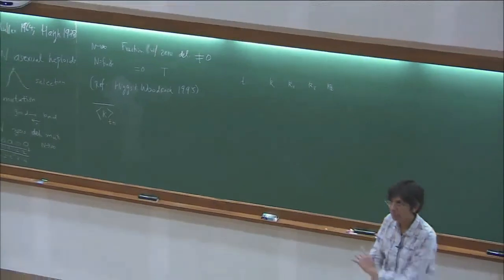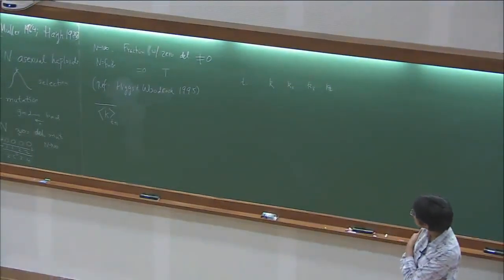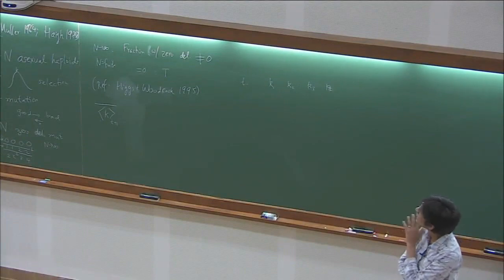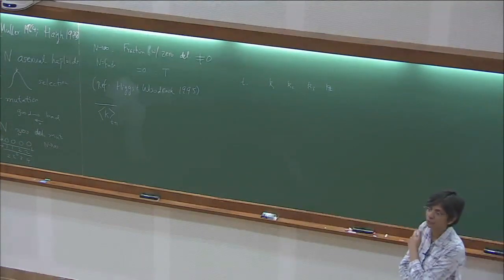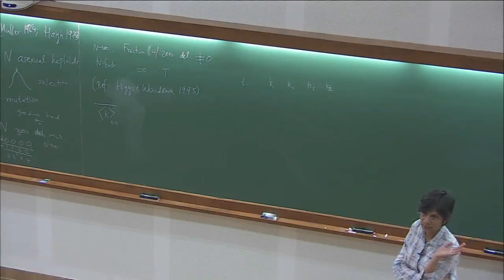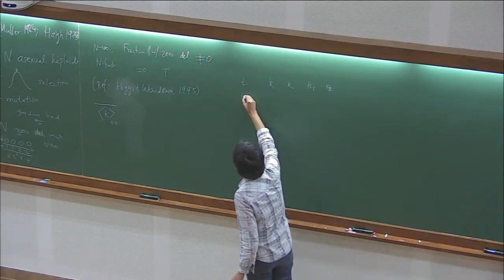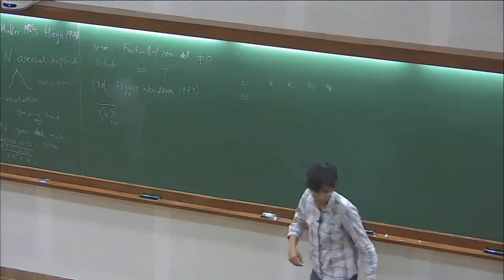The first individual had K1 mutations, second K2, third K3, and the fourth also has K2. K1, K2, K3 realize anything between 0 and infinity. In the next generation, let's say this got K2.